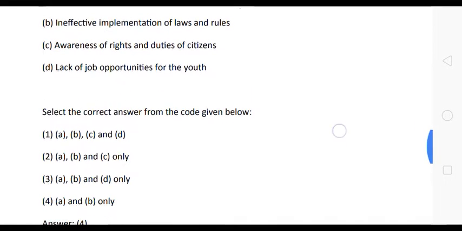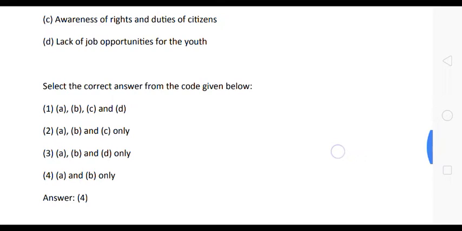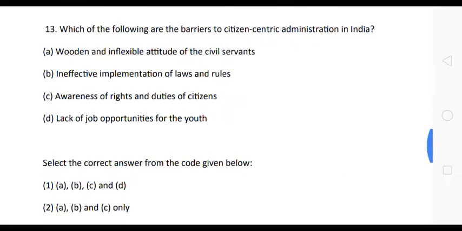Okay, friends. Here, option 4, A and B are the barriers to citizen-centric administration in India. So, A and B are the correct answers.